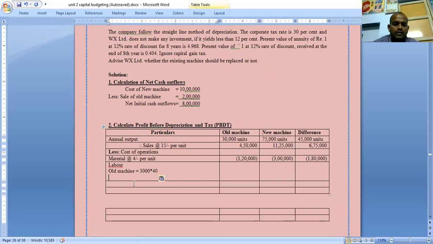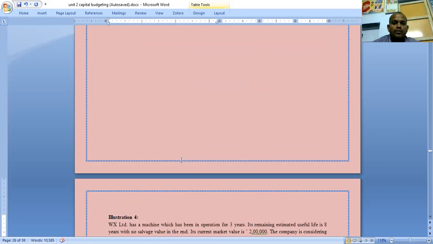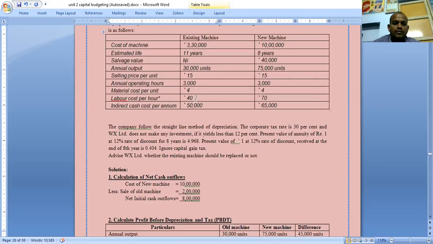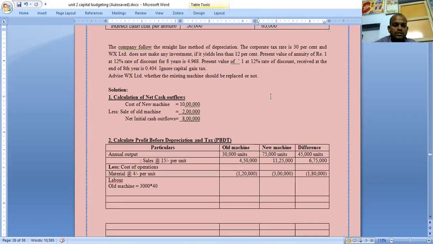Old machine 3,000 into 40 rupees per hour, and for the new machine 70 rupees per hour, 3,000 into 70.